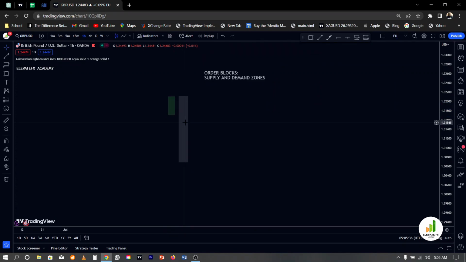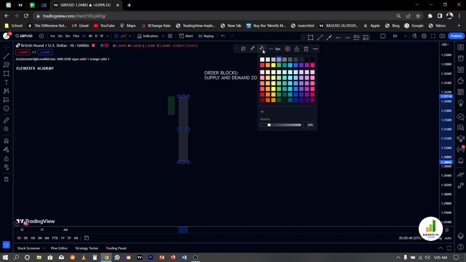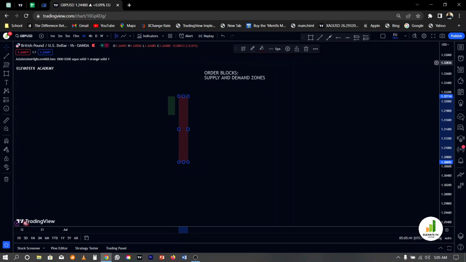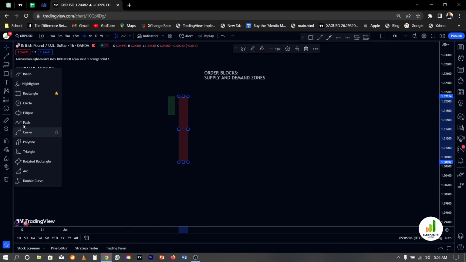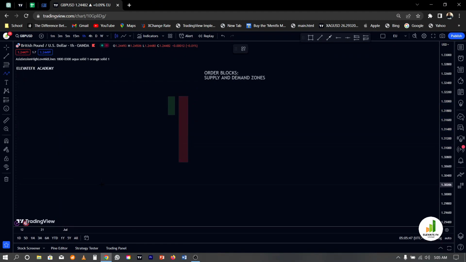Let's make this one red, signifying a bearish candle. Great. So let's say the market was trending in a manner like so, it's moving up, and then it got here, and then you saw something like this form, a strong red candle.